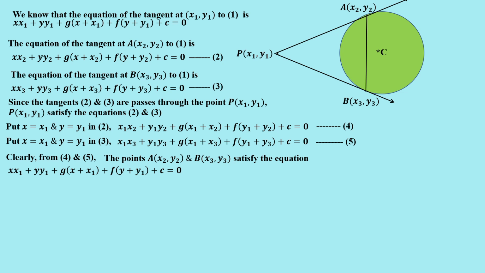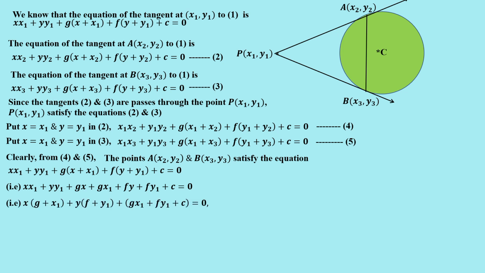So you will get the fifth equation in this equation, x x1 plus y y1 plus g(x plus x1) plus f into (y plus y1) plus c equal to 0. Put x2 instead of x and y2 instead of y in this equation, you will get equation 4. Instead of x put x3 and instead of y put y3, you will get equation 5, right? So that is x x1 plus y y1 plus gx plus gx1 plus fy plus fy1 plus c equal to 0.